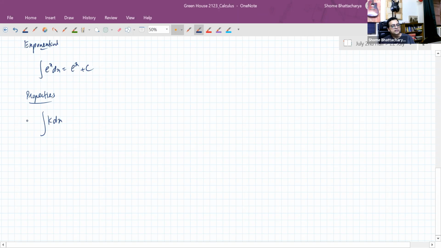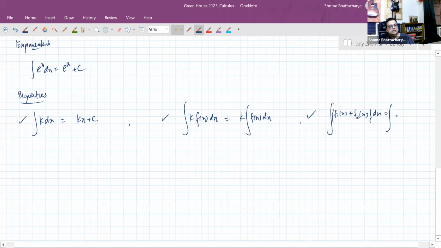Along with this, we have seen the properties of integration also. The first property is that the integration of a constant is a linear function. Then the second property is that if we have a constant times a function which we are integrating, we can take the constant outside and integrate the function. And the third property is the distributive property kind of thing, that the integration of the sum of two functions becomes the sum of their individual integrations.